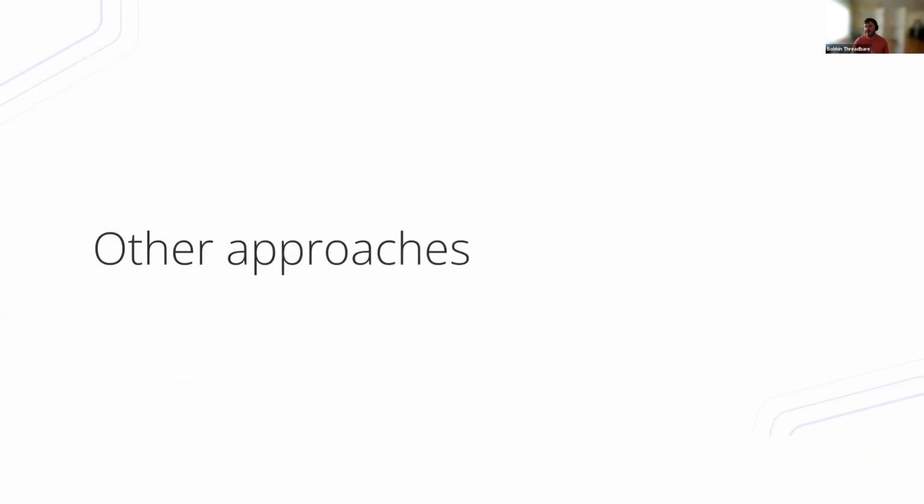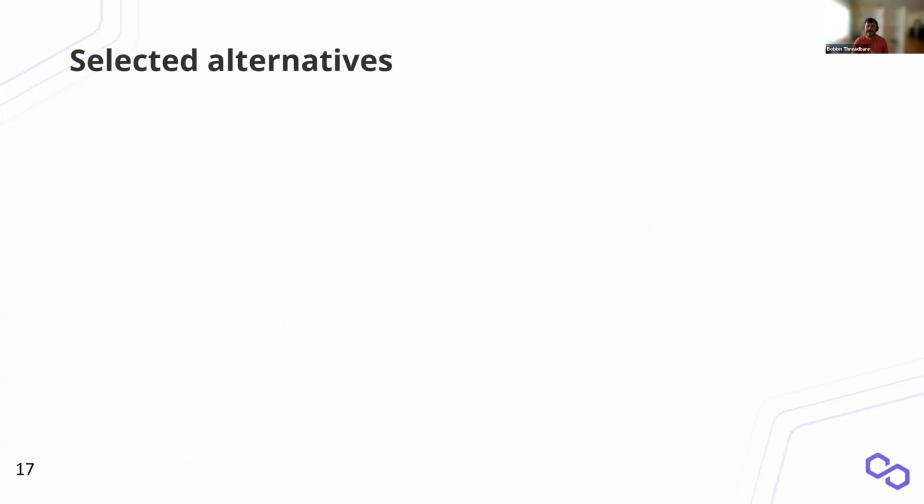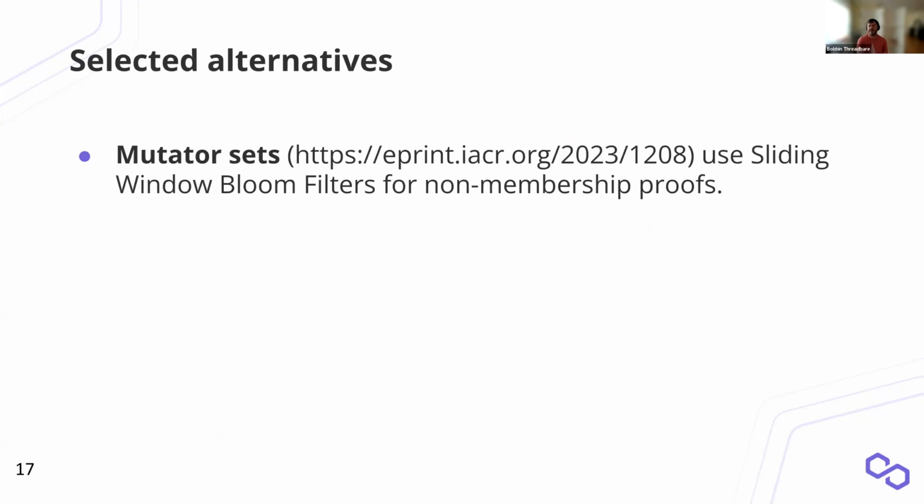All right, so just to wrap this up and highlight some other approaches that are out there, and I'm not going to go into the detail, this is just some select alternatives. This is not by any means a comprehensive set. One interesting approach that recently came out from the Triton or Neptune team is this mutator set.